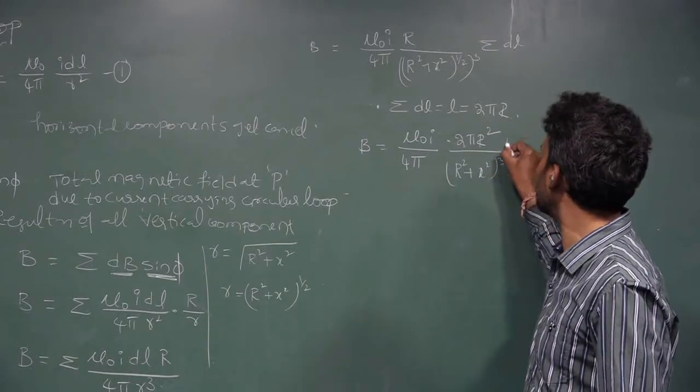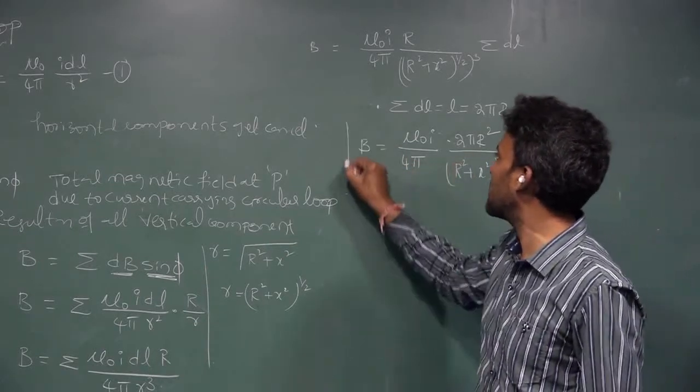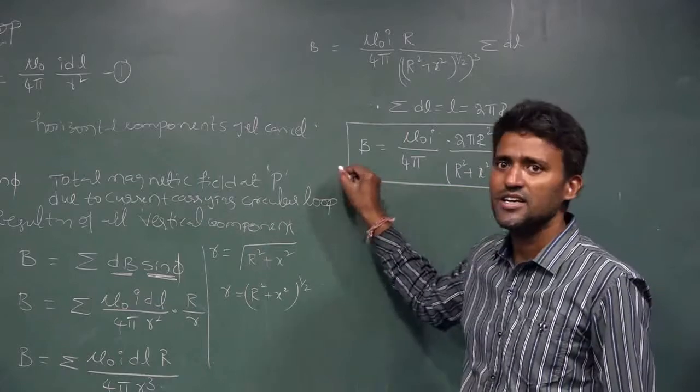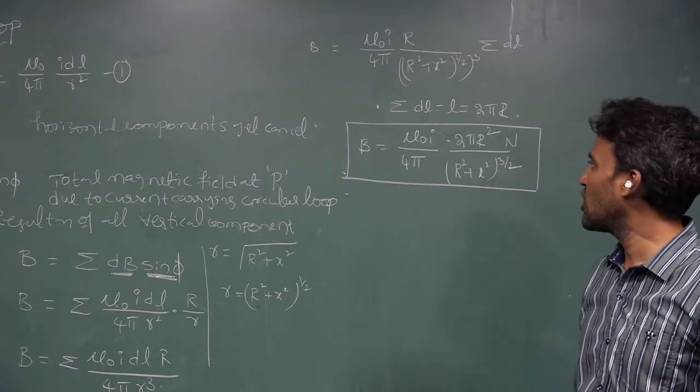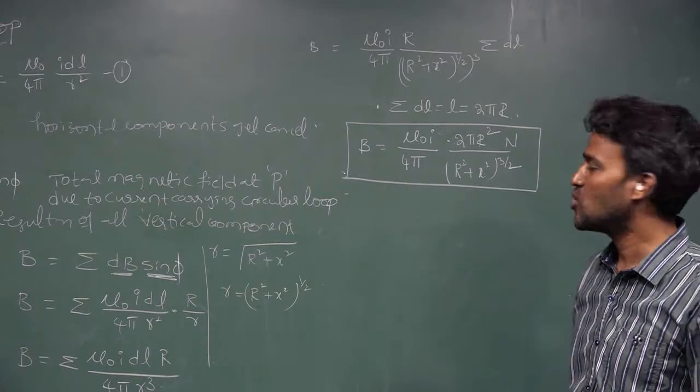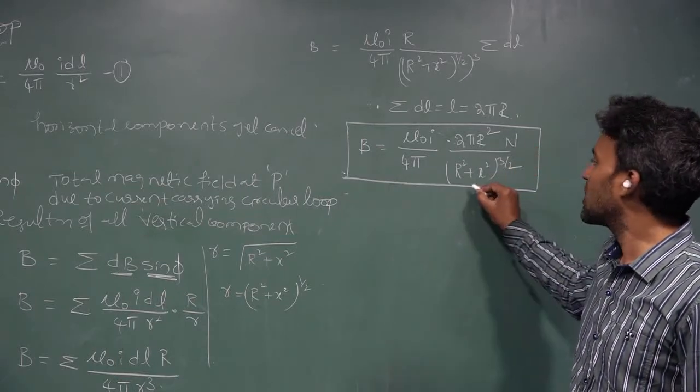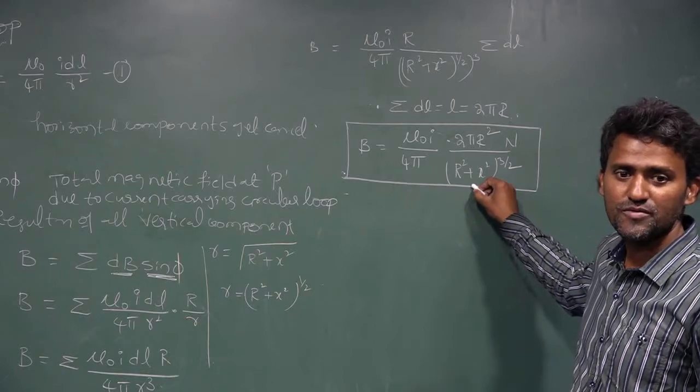If the number of loops is taken, that is multiplied by capital N. So B is equal to mu naught I divided by 4 pi into 2 pi r square into N divided by r square plus x square to the power of 3 by 2.